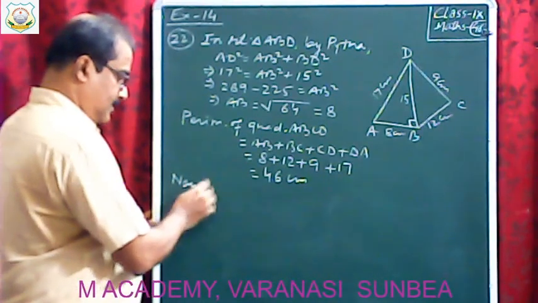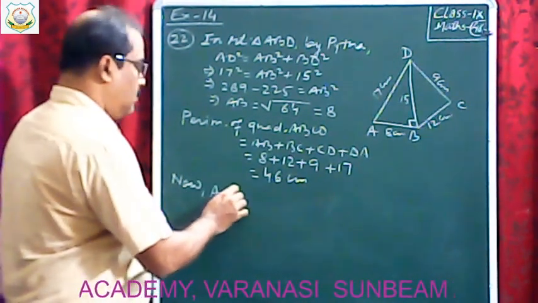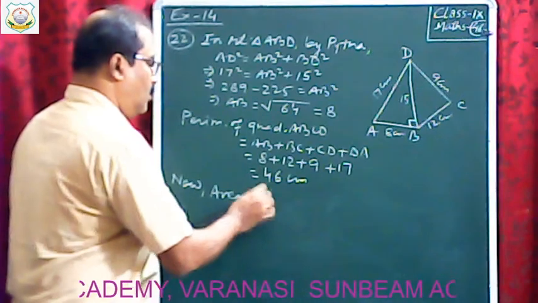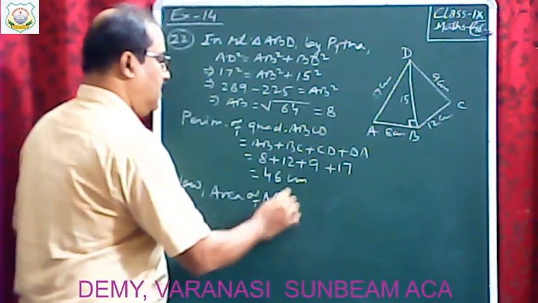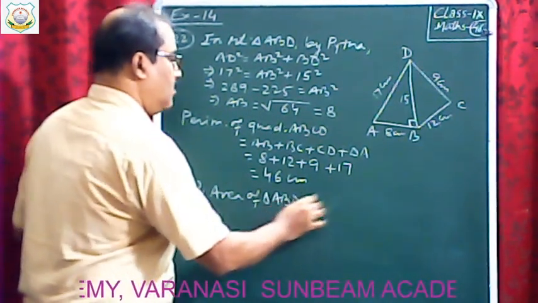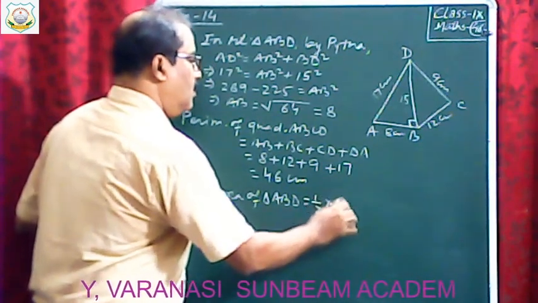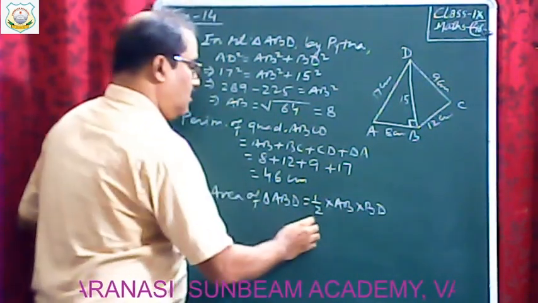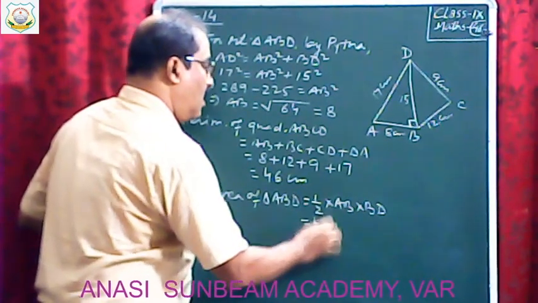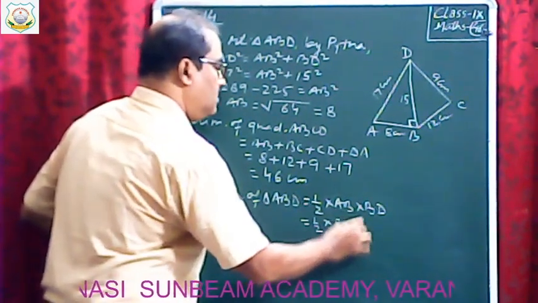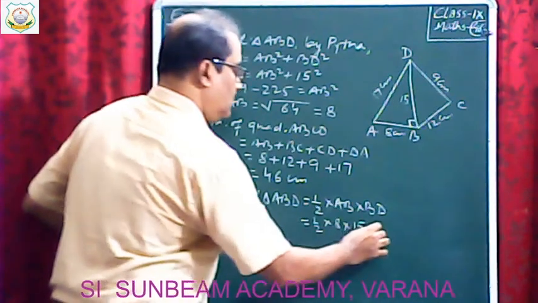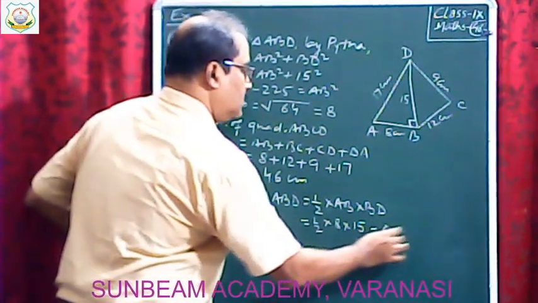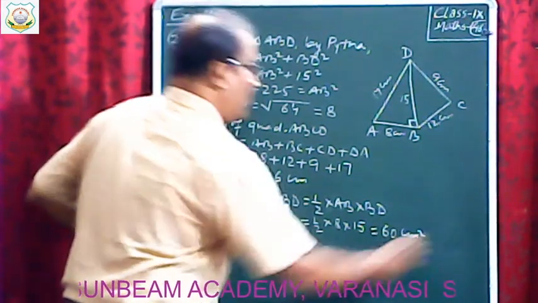Now area of triangle ABD equal to half into base into height, half into 8 into 15, so 60 centimeters square.